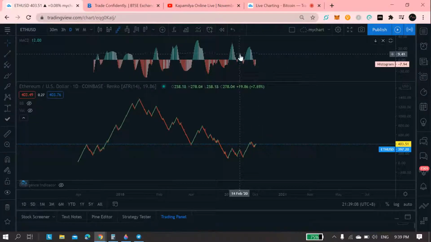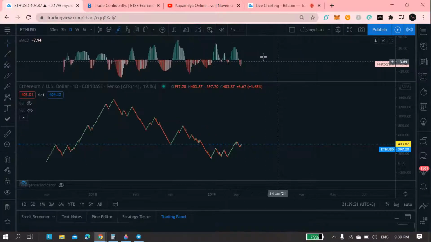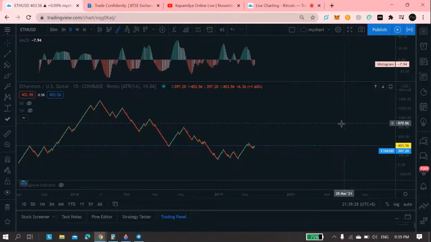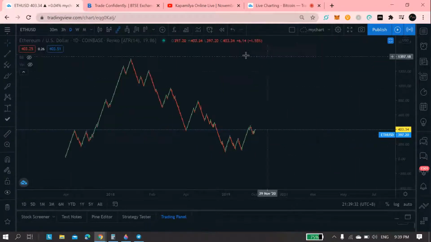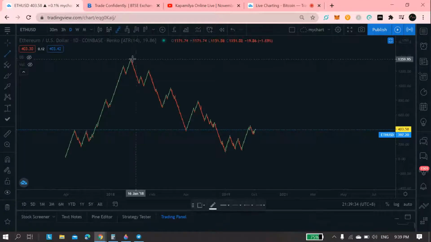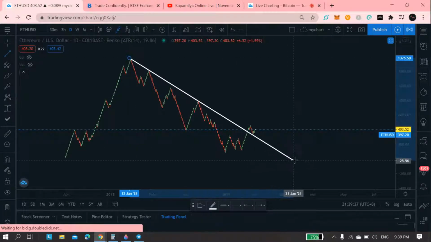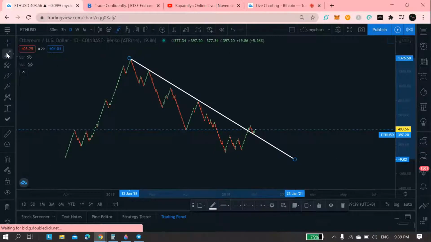And this one is also the same trend. So let's just wait for the other histogram to form at these levels. For Ethereum, I'm not seeing any divergence using the MACD. So let's just use this Renko chart.